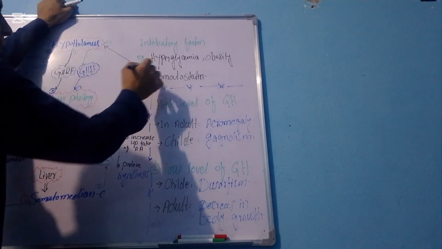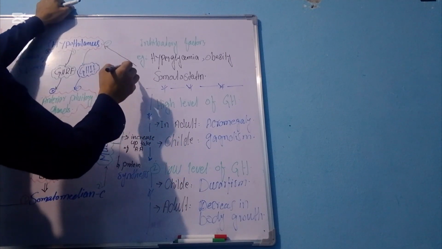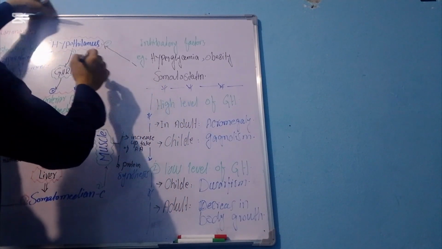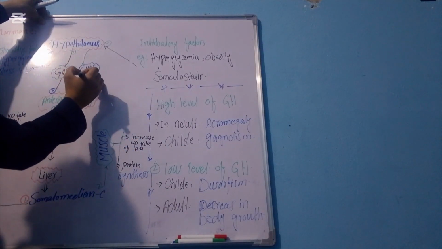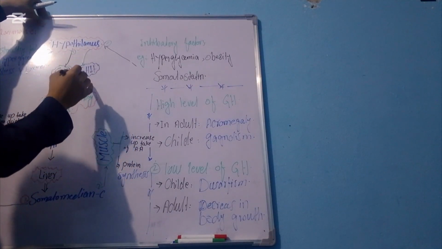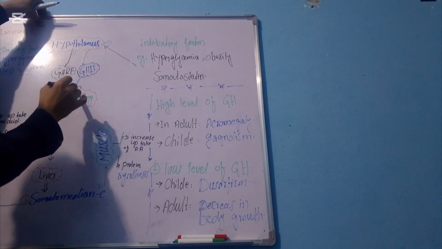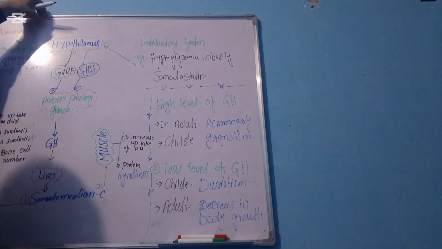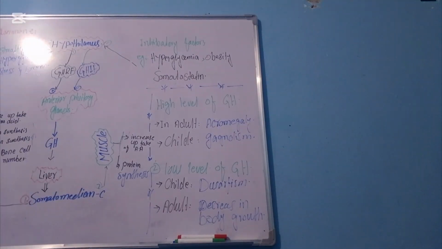So when the blood glucose level is high, in this condition these factors will stimulate the hypothalamus. The hypothalamus will secrete growth hormone inhibitory factor. This inhibitory factor will stimulate the anterior pituitary gland to inhibit the secretion of growth hormone.